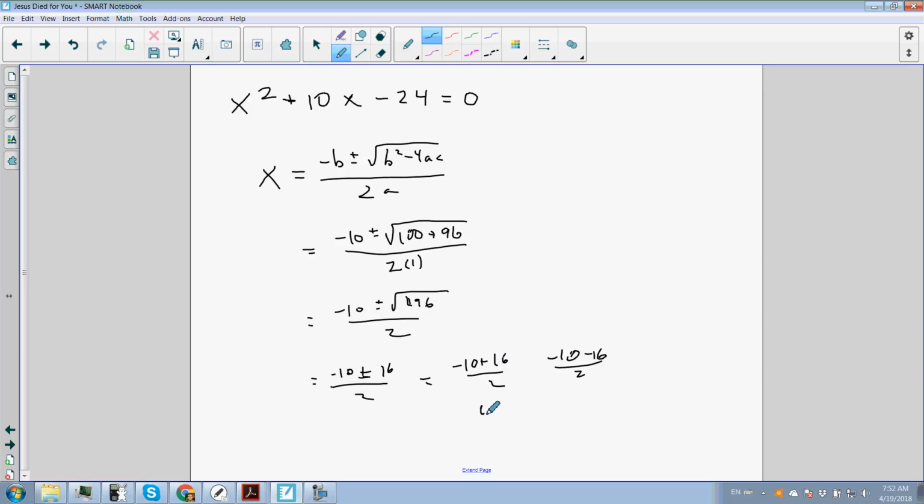Negative 10 plus 16 is 6 over 2, or negative 26 over 2. I have messed up. The square root of 196 is not 16, it's 14.